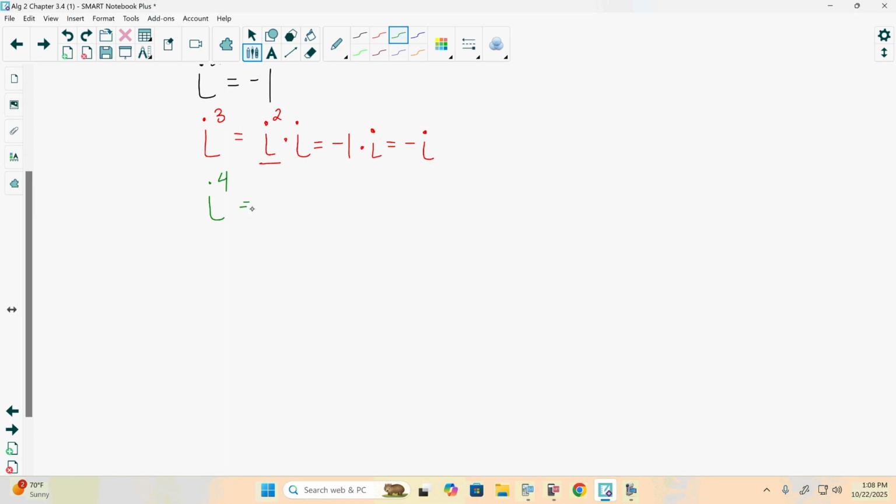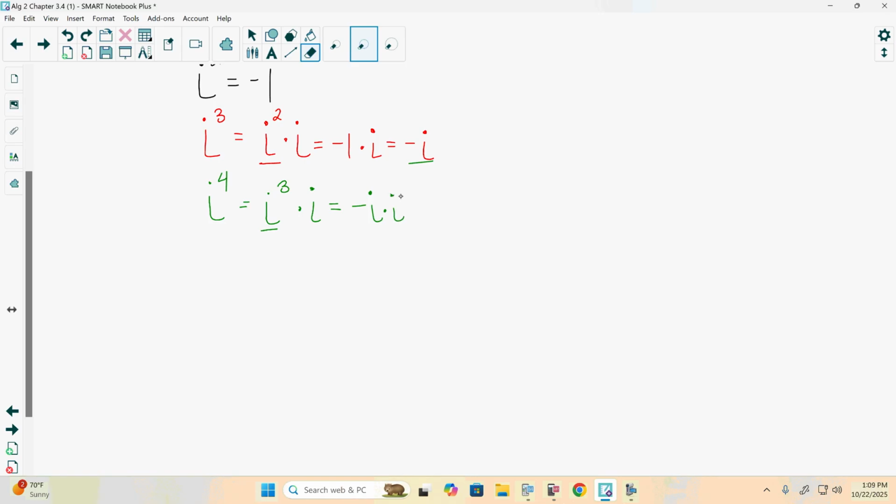i to the 4th. Again, we're just multiplying by i again, which is telling us that we have i to the 3rd times i. Because again, we're taking what we know and multiplying it again. i to the 3rd, we've already shown that it is equal to negative i.